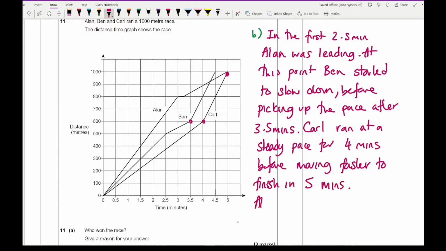Alan had a brief pause, or started quickly, so he started the fastest before taking a brief pause at 3 minutes.